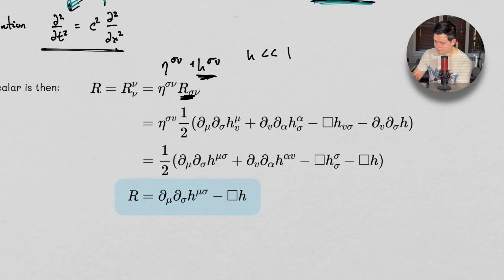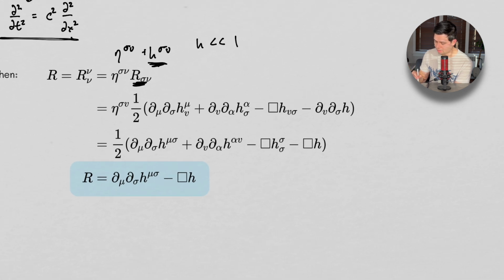So the reason, again, why we are multiplying by the Minkowski metric is because otherwise this is going to give us terms that are higher order in a really small value. And small values multiplied by each other give us even smaller values, so we're going to effectively ignore those. And so what we get is, okay, well, here's our Ricci tensor.